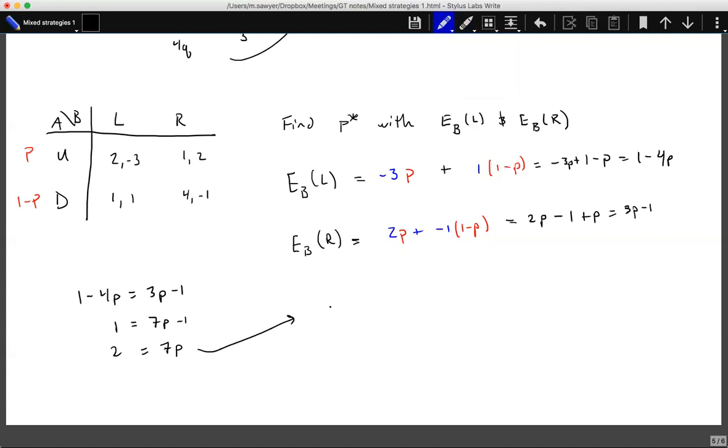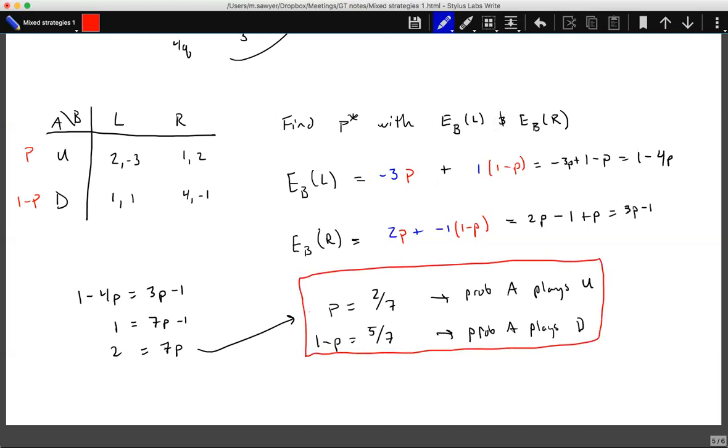And so this gives me that P equals 2/7. Again, this is less than 1, so this is good. So 1 minus P is equal to 5/7. P is the probability that A plays up, and 1 minus P is the probability that A plays down. Again, we'll hold this.